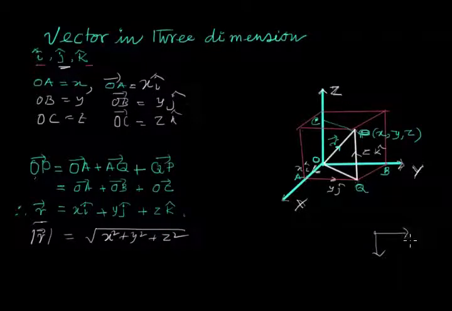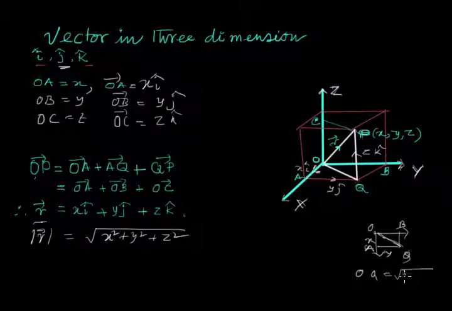This is x and this is y, this is OA, and this much is x, this much is y, and you can name this point Q. So OQ is root over x square plus y square. So the length of OQ is root over x square plus y square.